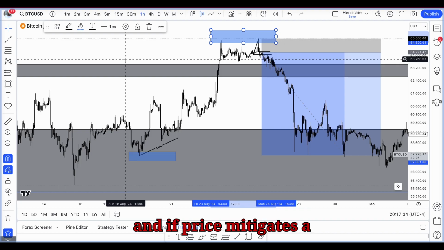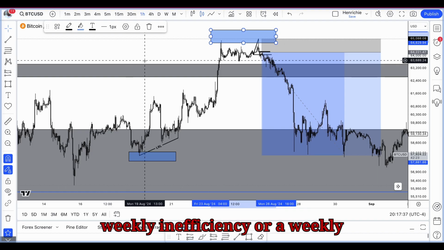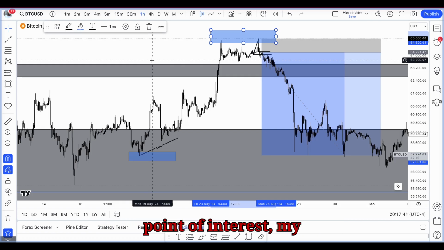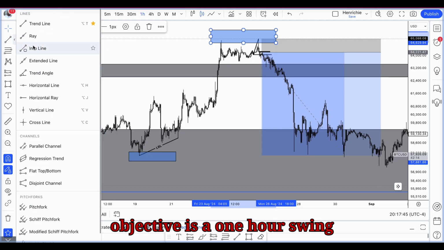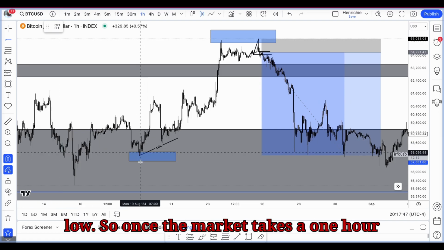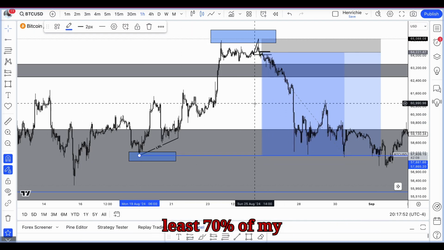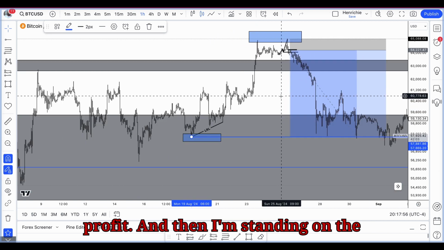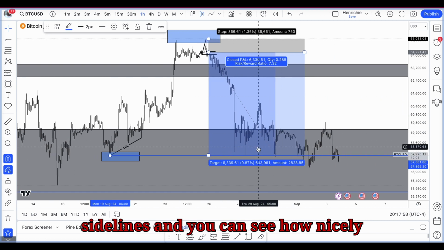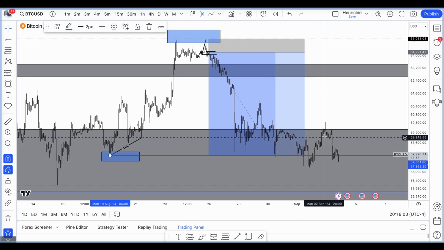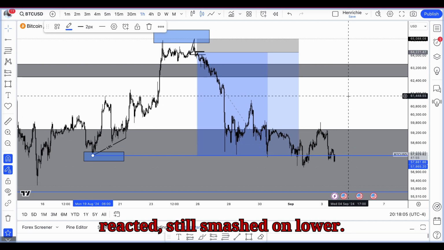And if price mitigates a weekly inefficiency or a weekly point of interest, my major low hanging fruit objective is a 1 hour swing low. So once the market takes a 1 hour swing low, I'm taking out at least 70% of my profit, and then I'm standing on the sidelines. And then you can see how nicely price came there, smashed that key level, reacted, still smashing lower.